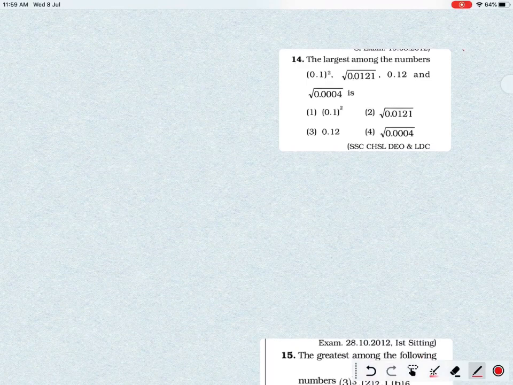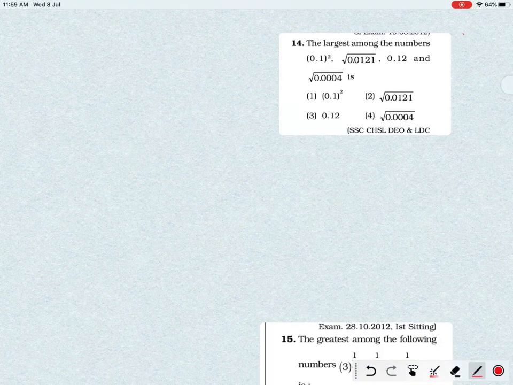Next comes the largest among the numbers. So 0.1 whole square, it can be written as 0.01. Then 0.11 whole square can be written as 0.0121.